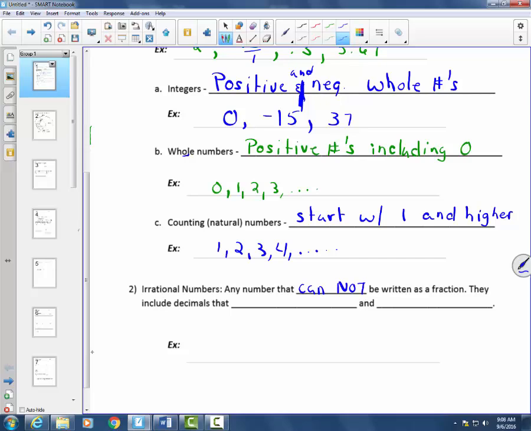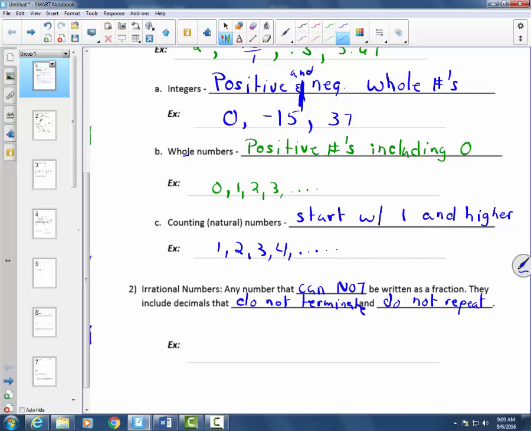All right, an irrational number is any number that cannot be written as a fraction. They include decimals that do not terminate and do not repeat. Some examples, right?